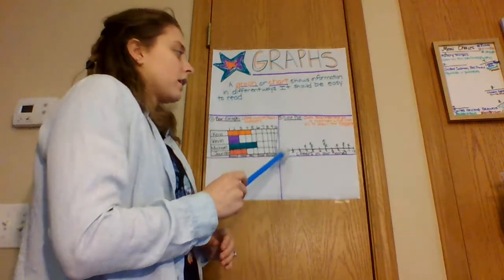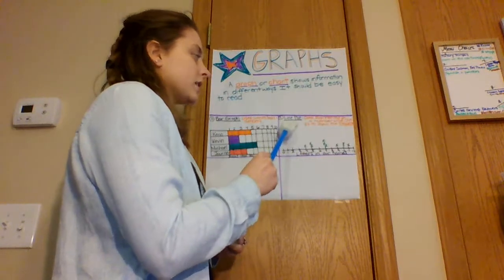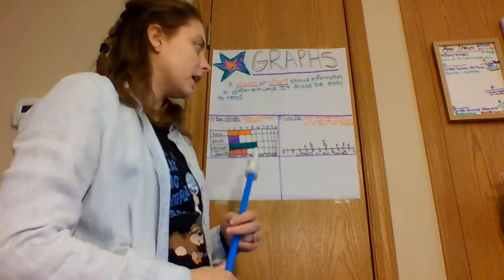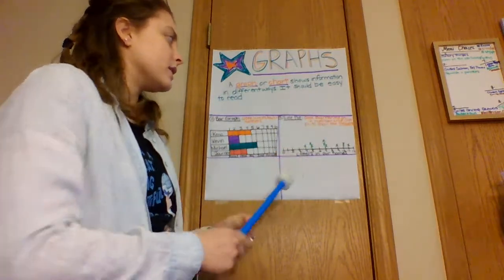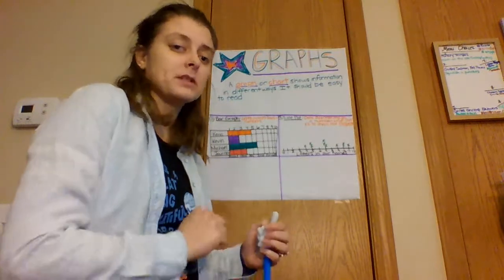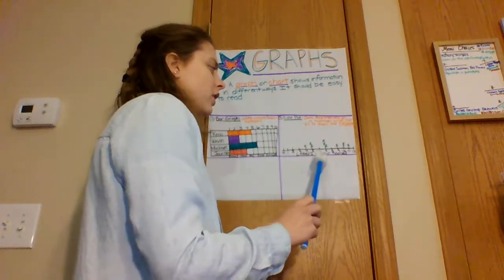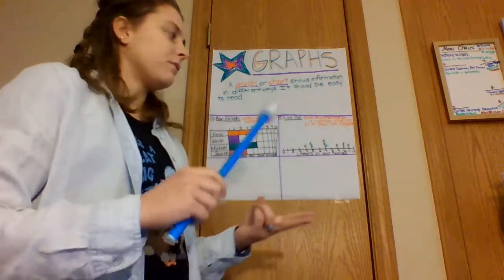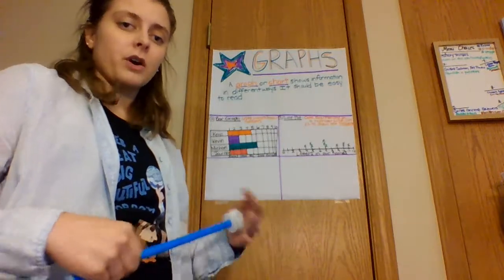So today we're going to talk about and make a line plot. And a line plot shows data on a number line, and it uses X to represent the frequency, or how many times something happens. So our line plot here is letters in our names, and I did myself, Mrs. Amspaw, the names of the people in our class, Mrs. Lama, Miss Schaefer.